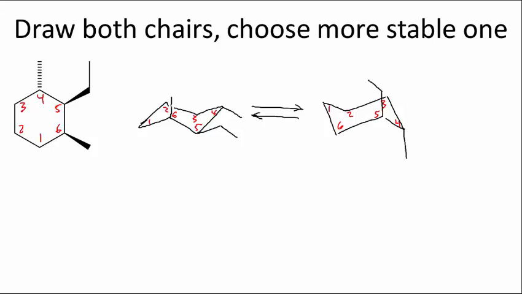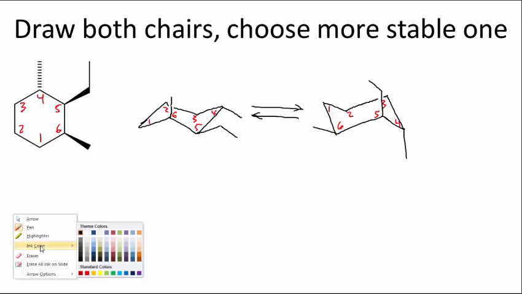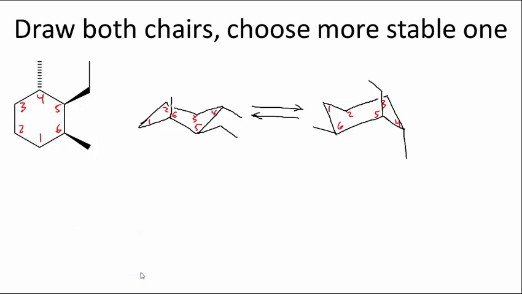And then 6 down, up is going to be equatorial. Again, I could put in the little break here. And choosing between those two, the one with 2 substituents equatorial is going to be more stable than the one with 2 substituents axial.